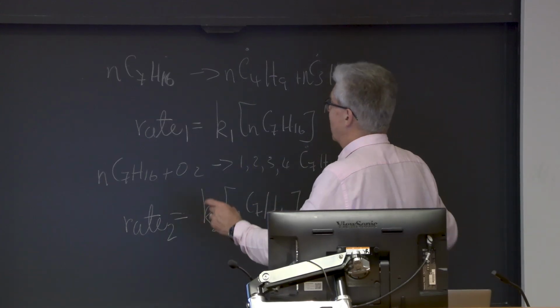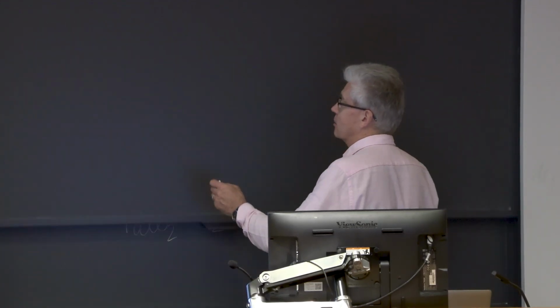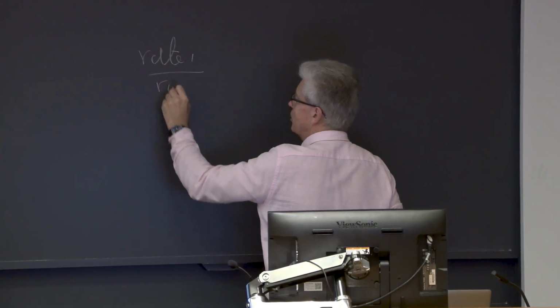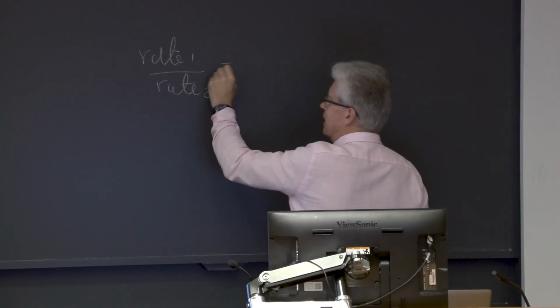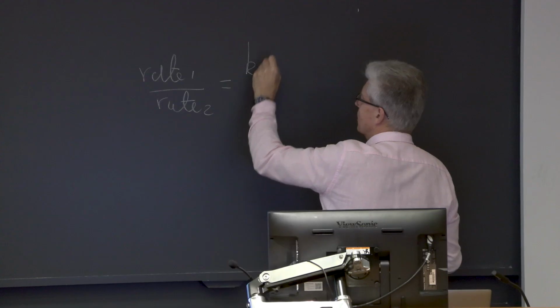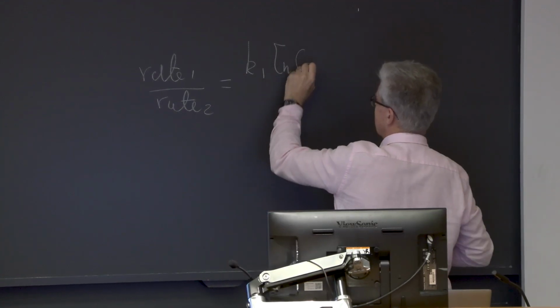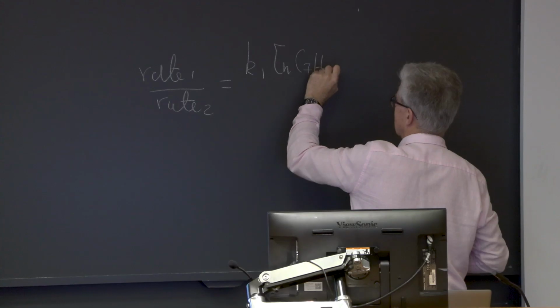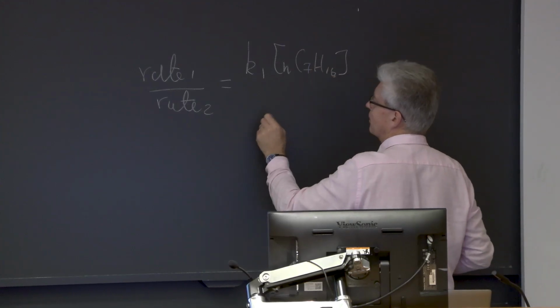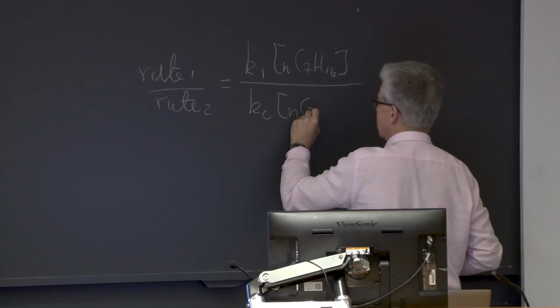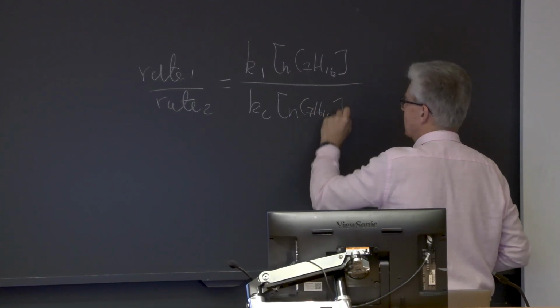But if we have rate of 1 over rate of 2, then rate of 1 over rate of 2 is equal to K1 times the concentration of NC7H16, divided by K2 times the concentration of NC7H16 times O2.